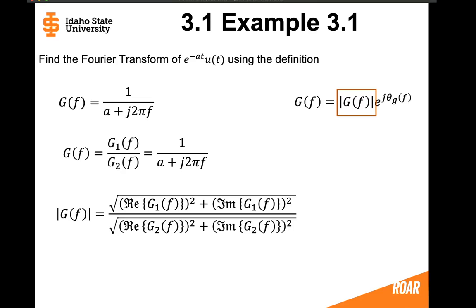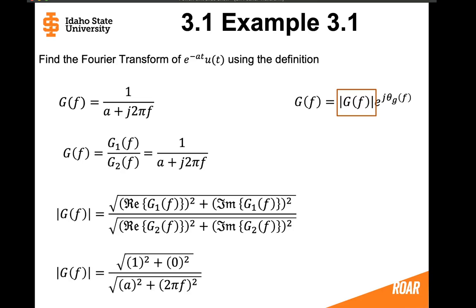So we'll do that in just the same way. So we'll take the real part of the numerator squared, the imaginary part of the numerator squared, and then we'll take the square root of all of that. Then we'll divide it by the denominator while doing the same thing.